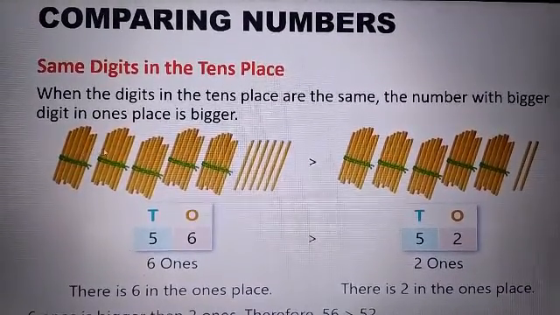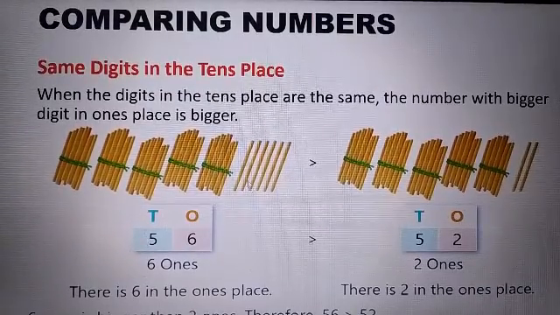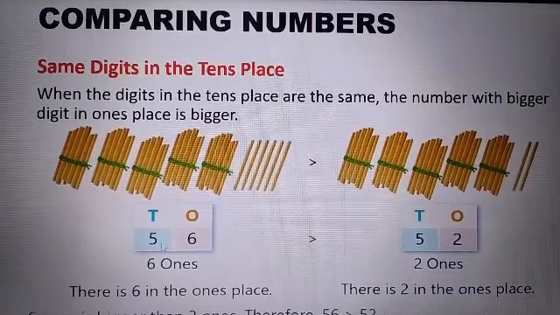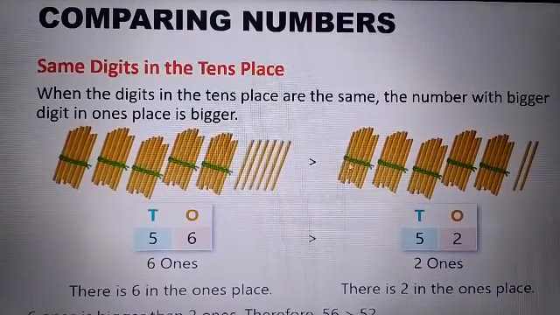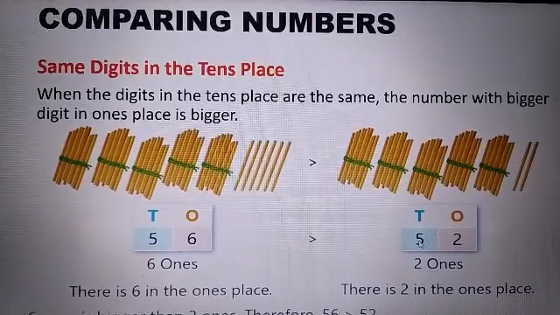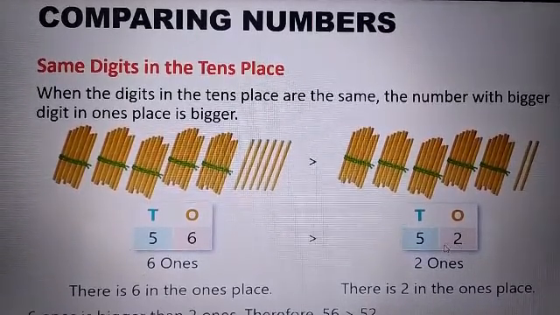Now let us see. 1, 2, 3, 4, 5. 5 tens. 1, 2, 3, 4, 5, 6. 6 ones. 1, 2, 3, 4, 5. 5 tens. And 1, 2. 2 ones.